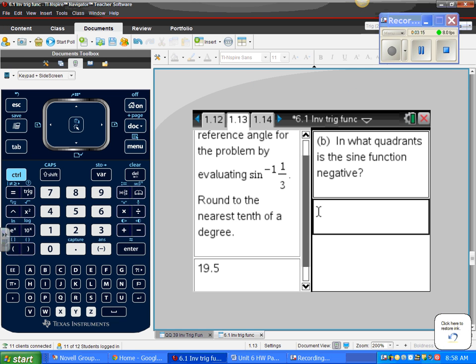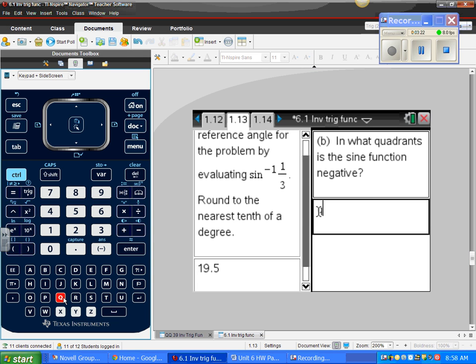Good. So quadrant 3, the rule is going to be 180 plus my reference angle, which in this case is 19.5.